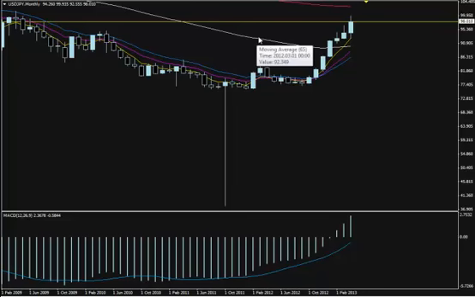The price jumped above the 65 EMA at this point, and this is one of our entry triggers. So we could enter long here.